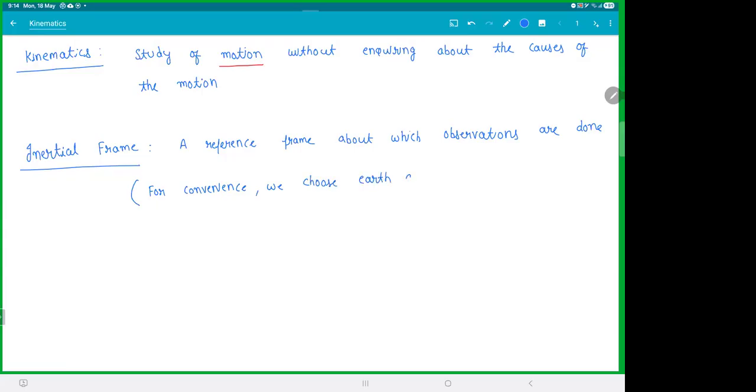Tomorrow, if humans start colonizing the entire solar system, say people are staying on Mars, Jupiter, and asteroids, then maybe we can take the Sun as a reference frame, because for all of us the Sun looks like a center point. We can use that as a reference for navigation. We can choose anything as a reference frame, because in the universe there is nothing at absolute rest.